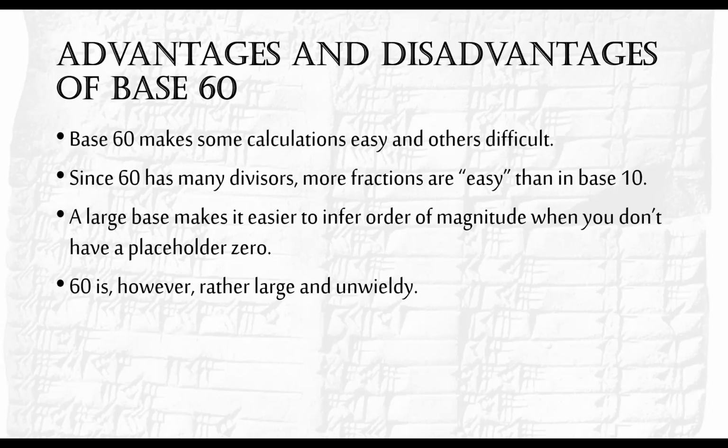But it could very well be 7,200 goats if it's tribute. So it just depends on the context. You have to infer from the context what the numbers mean. Unfortunately, some of the contexts on the tablets that we see are kind of vague. If we can figure out enough to know that it's a table of Pythagorean triples, then we can figure out what order of magnitude it's supposed to be, but it's a little more difficult when it's like tax records.